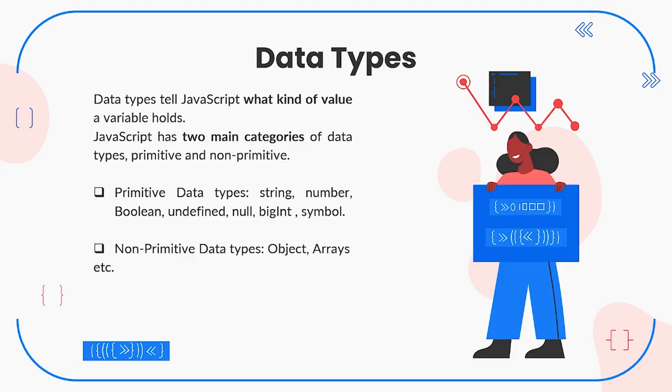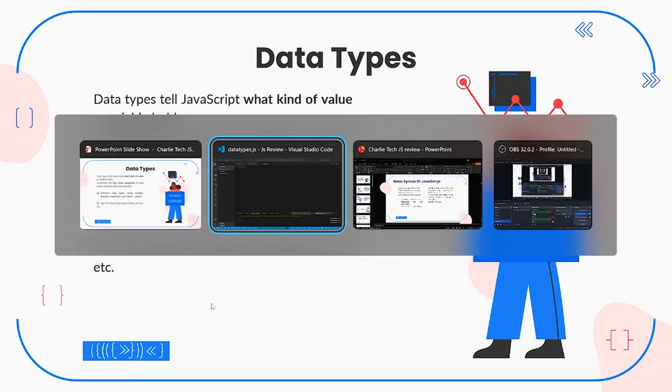We have the primitive and the non-primitive data types. The primitive data types include string, number, boolean, undefined, null, big int, symbol. And then the non-primitive data types are objects, arrays, etc. All right, so let's move on.